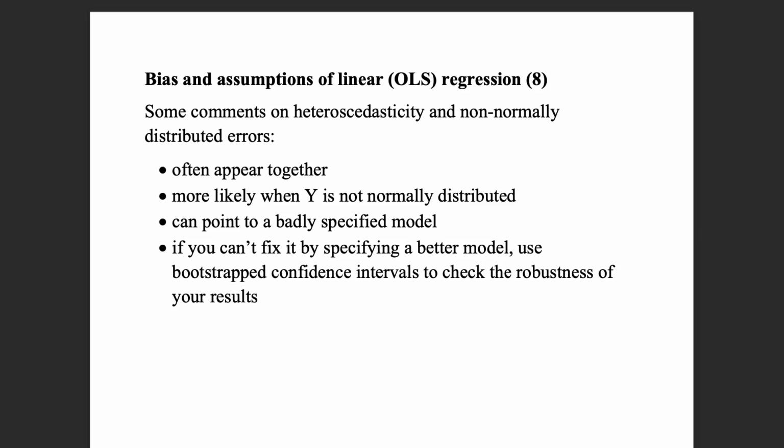If you aren't able to specify a better model, there is, I wouldn't call it a trick, but something you can do to make sure that the inferences you are making based on your sample estimates are at least robust to these potential violations of the assumptions of homoscedasticity and normally distributed errors.